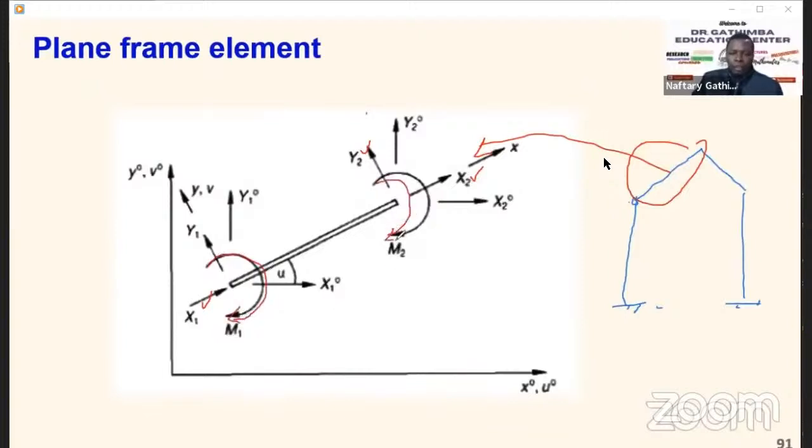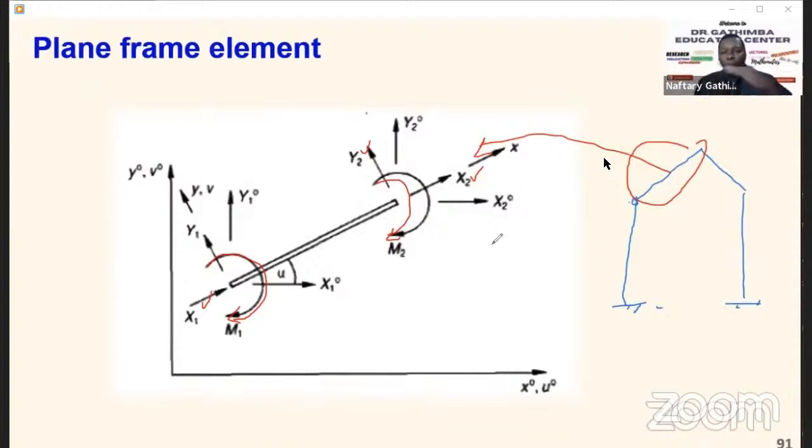As I'm saying, it's just what we have done and we are combining, but you should also be aware that the degree of complexity of the matrices increases, because now we are combining bar and beam. So the number of degrees of freedom at any one node increases. For the bar element in 1D, it was 1 degree of freedom.